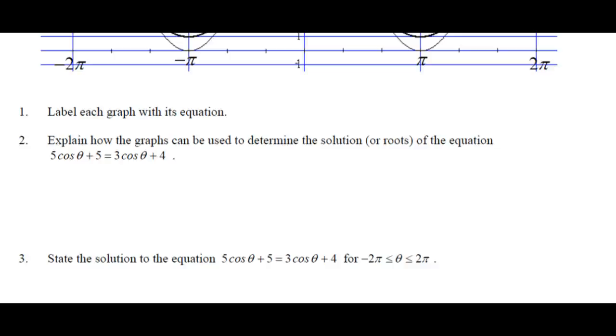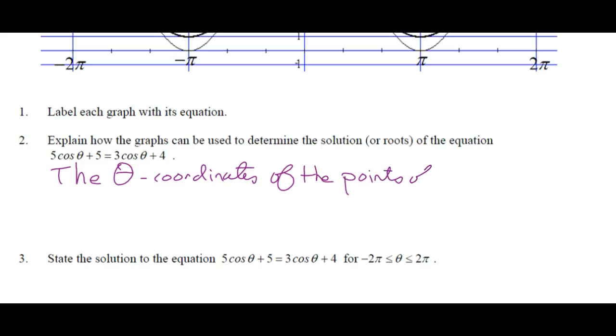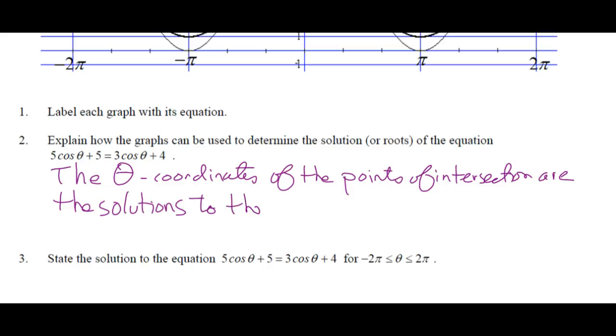So the theta coordinates of the point of intersection are the solutions, let's say solutions, because I just made that plural, are the solutions to the equation.